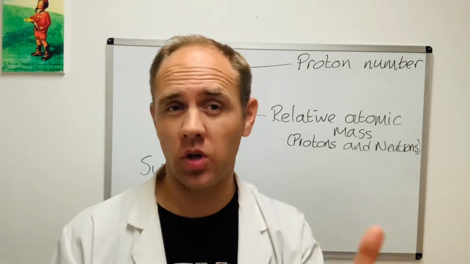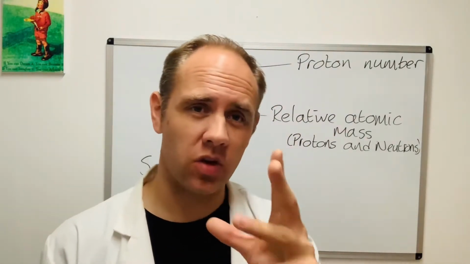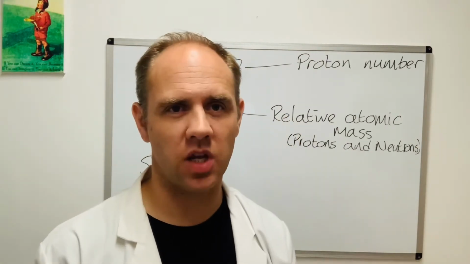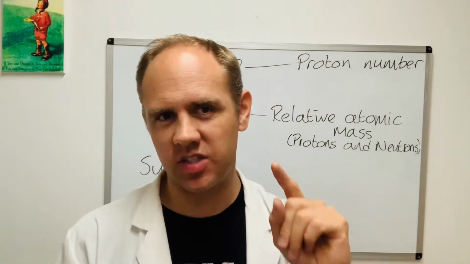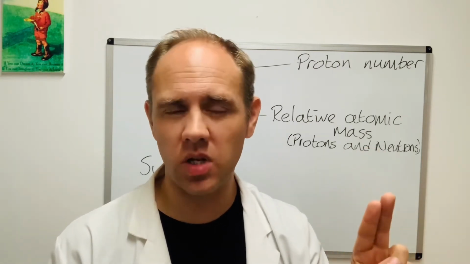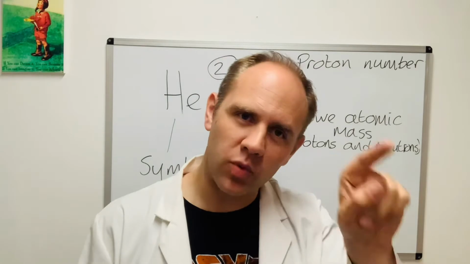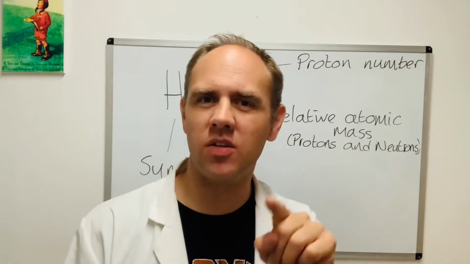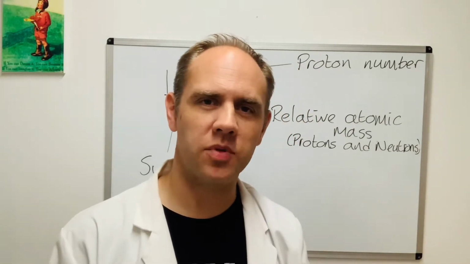So let's have a look at what a nucleus looks like, and what the rest of this atom looks like. Now, all atoms have three subatomic particles. Protons and neutrons are in the nucleus of the atom, and whizzing around the outside, like planets around a star, they also have electrons.